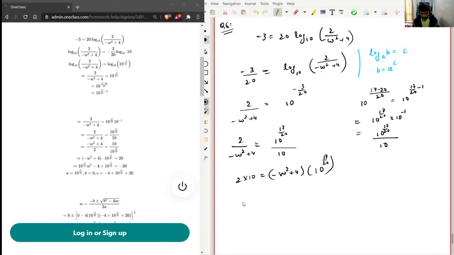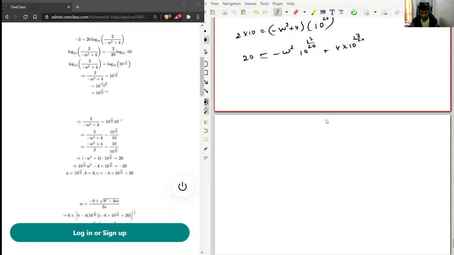I won't be skipping any steps. Minus w square 10 power 17 over 20 plus 4 into 10 power 17 over 20. And I'll take all these terms on this side so that I'll get my w square in positive.